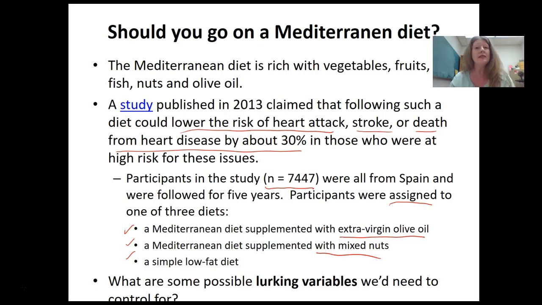So we're starting out with a similar baseline, and then we're applying this treatment, and then we're seeing if that treatment is having an impact on the response. That would be our way of attempting to control for all of those different lurking variables, just trying to mix them up in a similar way into each of our groups.